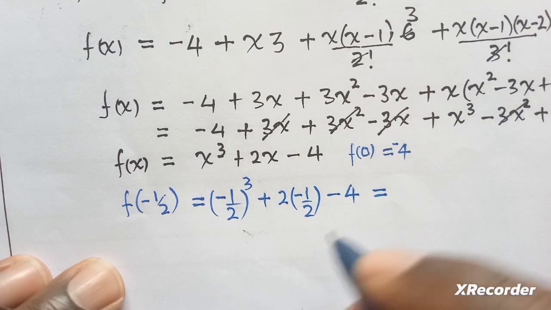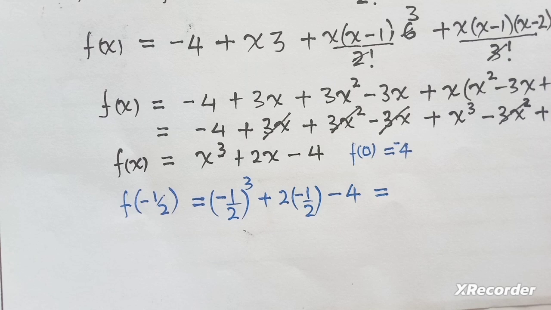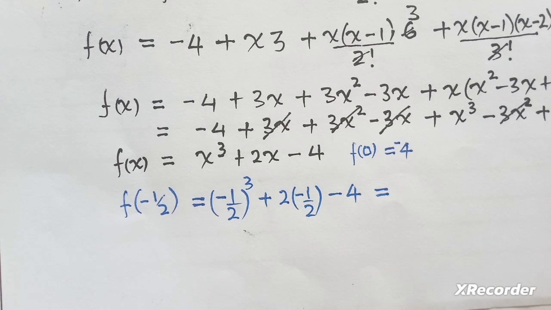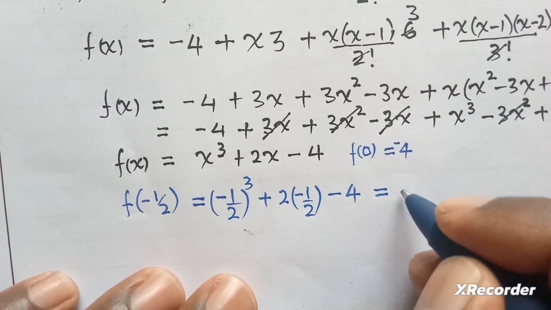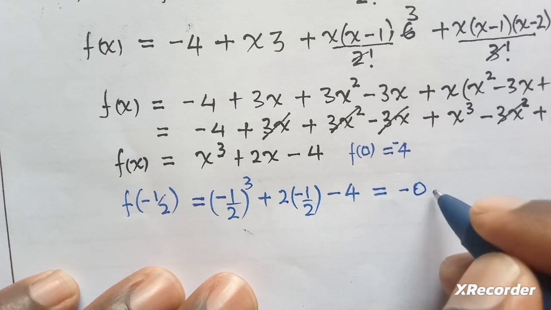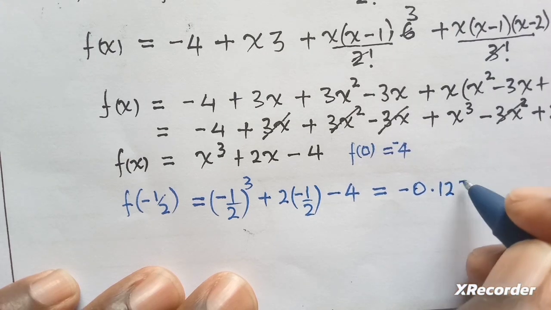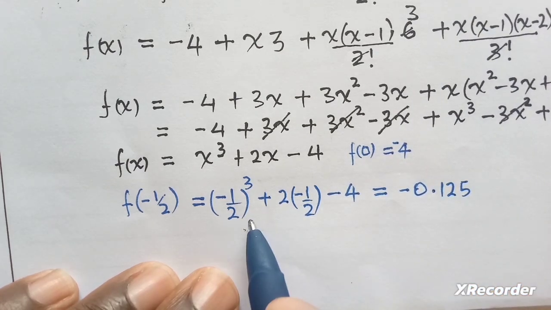So using our calculator, guys, we shall find, let's do it. This one will be -0.5 raised to 3. That one gives us -0.125. That is for that.